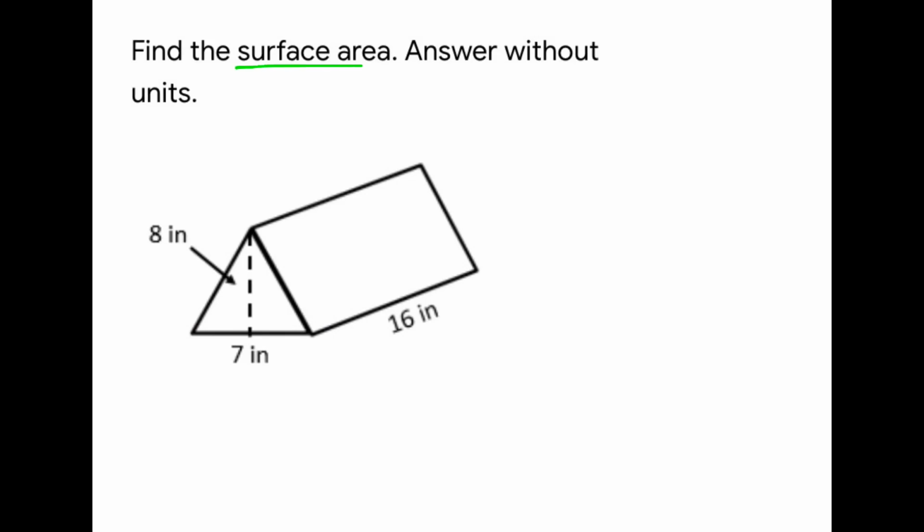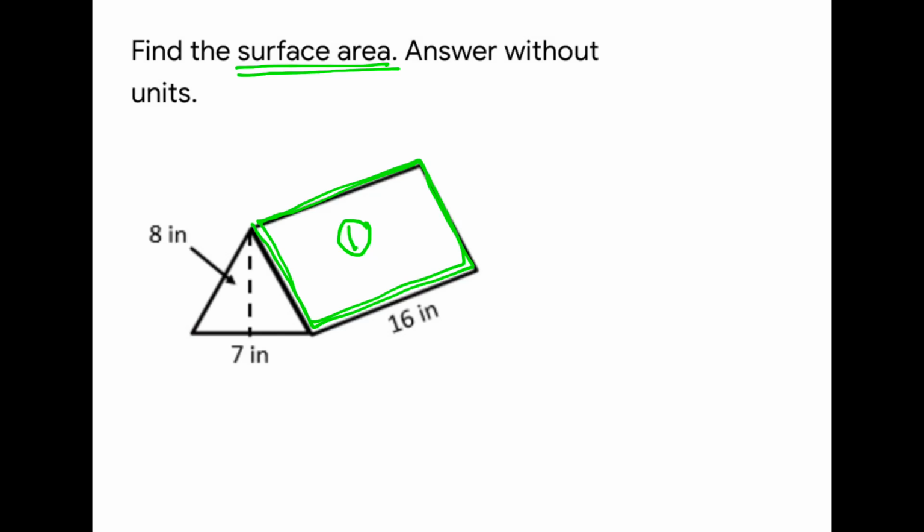Find the surface area. This is like a tent. We did one very similar to this on our test on Friday. The very first thing we are going to do is find the area of the side of our tent.